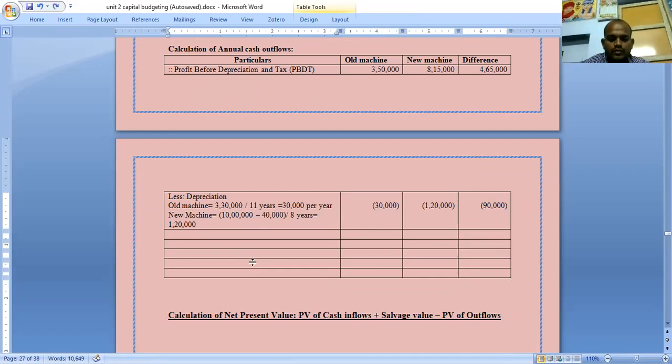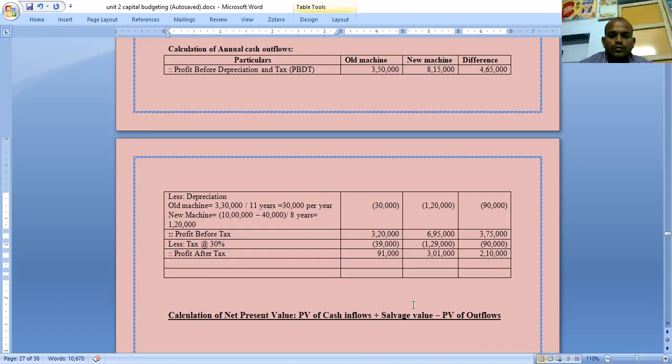Now profit before tax. We have to deduct the tax at the rate of 30%. So it comes around 39,000, 1,29,000 and 90,000. After deducting the tax, we'll get the profit after tax.